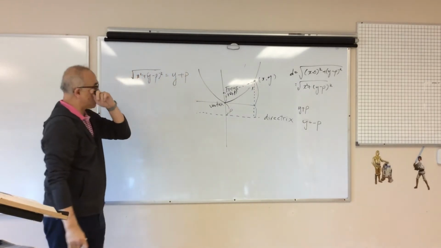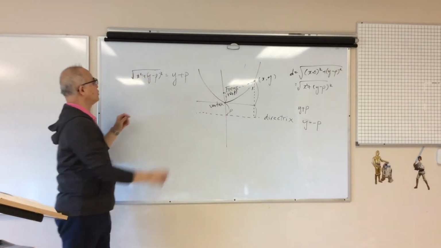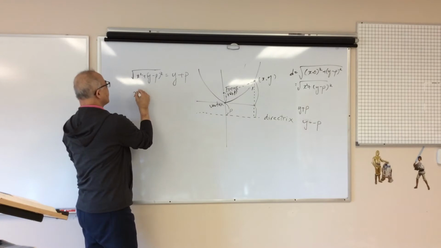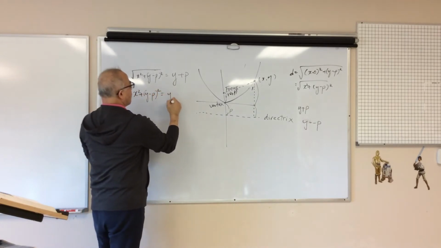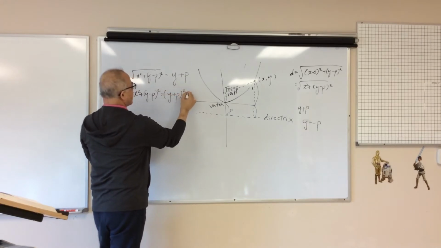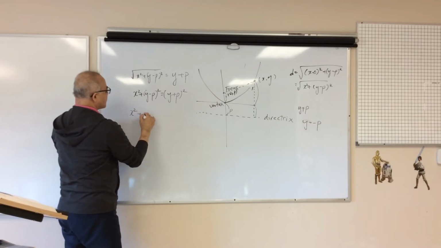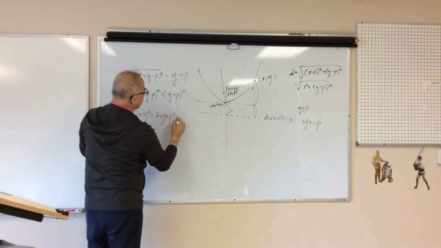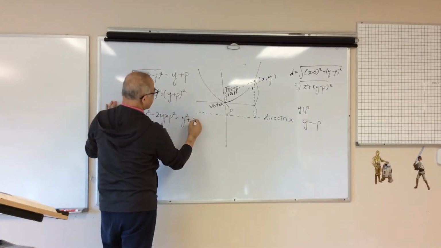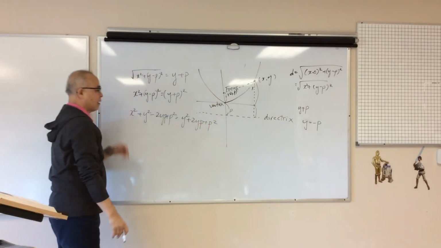I'm going to try to solve for y here and find out what I get. So let's square both sides. On the right, (y plus p) squared. If I do this out on the left, I get x squared plus y squared minus 2yp plus p squared. The right is y squared plus 2yp plus p squared.